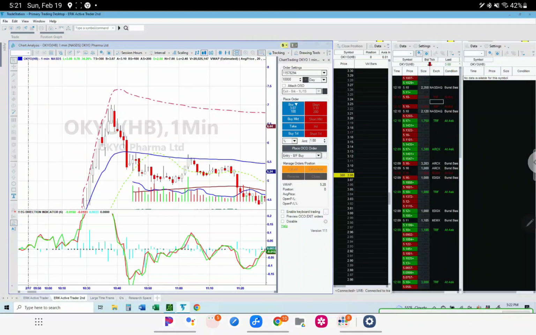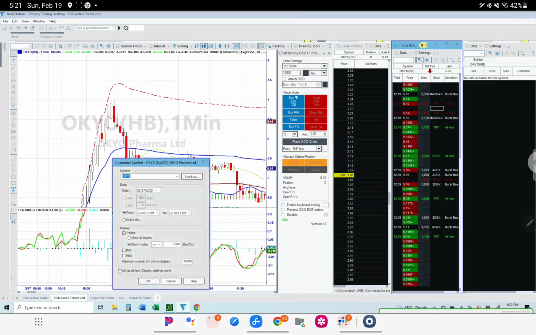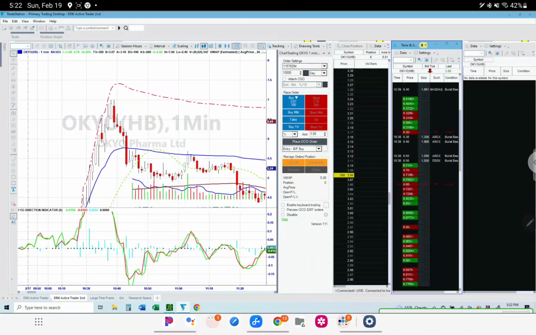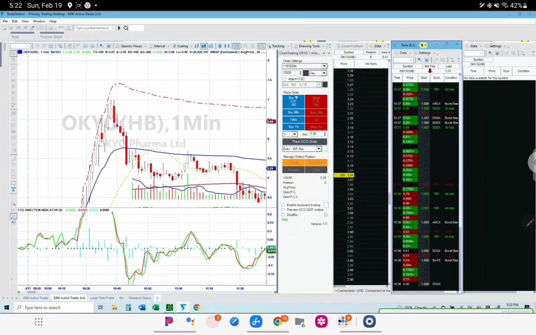Let's try that. 1036, 1040. It's going to be AM. I wish I had a touch screen for my second monitor, but I don't. Okay, so 1036, 1040. All right, so all these are still ask, bid.